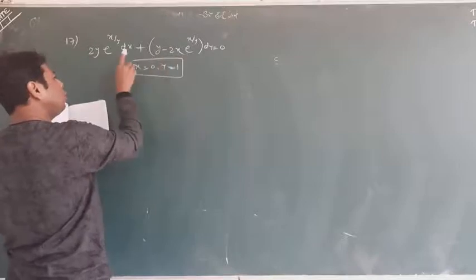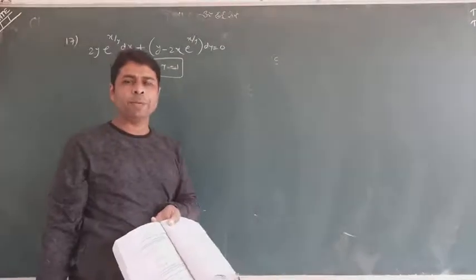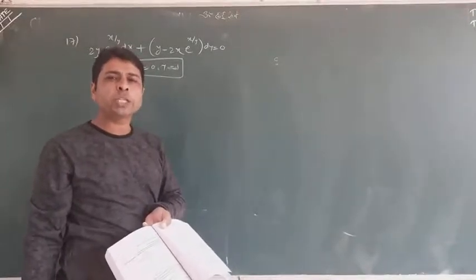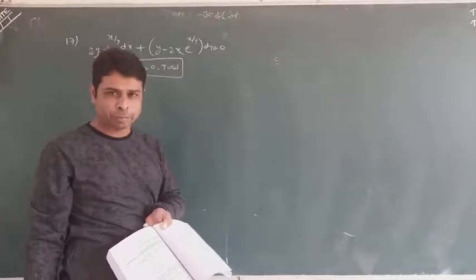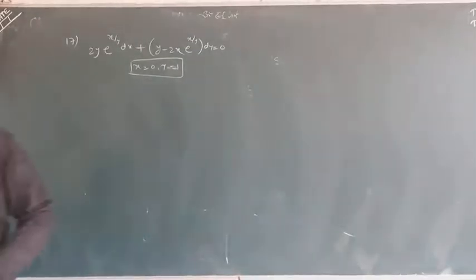I just want to draw your attention towards the given values x = 0 and y = 1. Whenever this kind of value is given, it is called a particular solution, meaning lastly you have to find the value of the constant term. But this is the last work. First you have to solve.